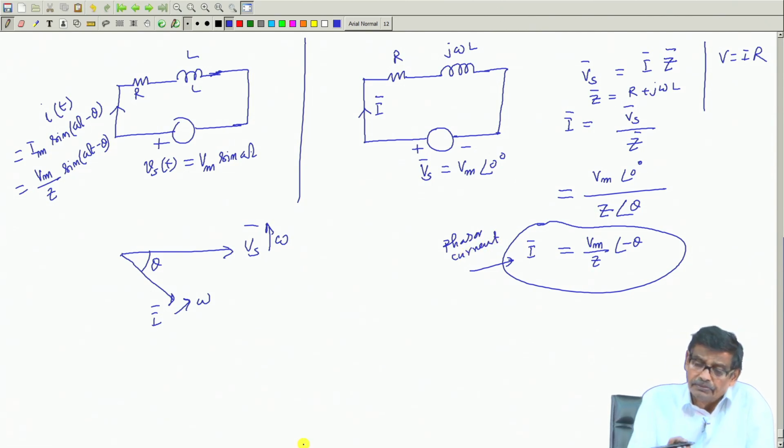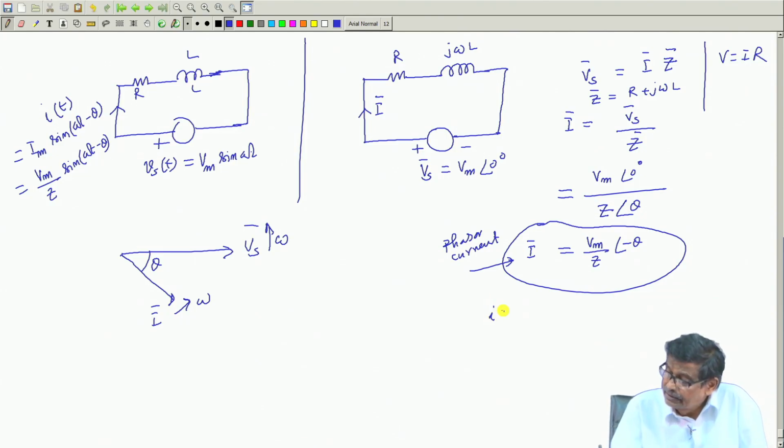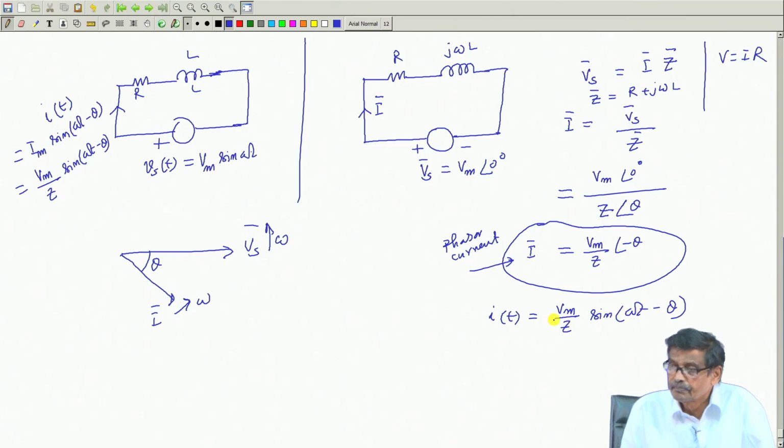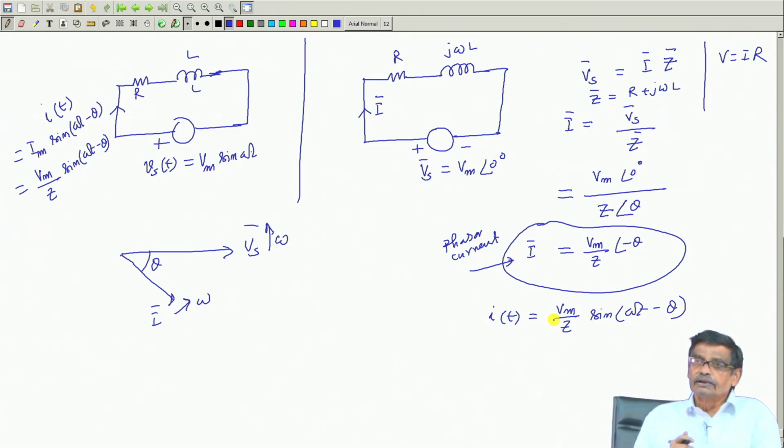Of course, I will be interested to know how the current varies with time, then I will say if this is the phasor representation, i(t) will be Vm by Z sin of omega t minus theta. Got the point?